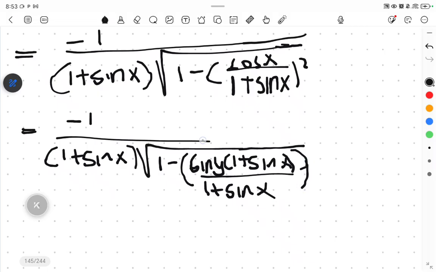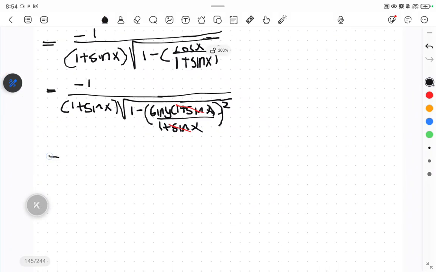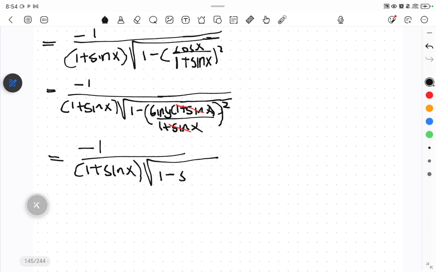So let's square this. We realize that this is going to cancel this, right? And then from here, this will be the shortest. 1 plus sin x times the root of 1 minus sin squared y, and this would be equal to minus 1 over, this would be 1 minus sin squared y, that will be cos squared y.